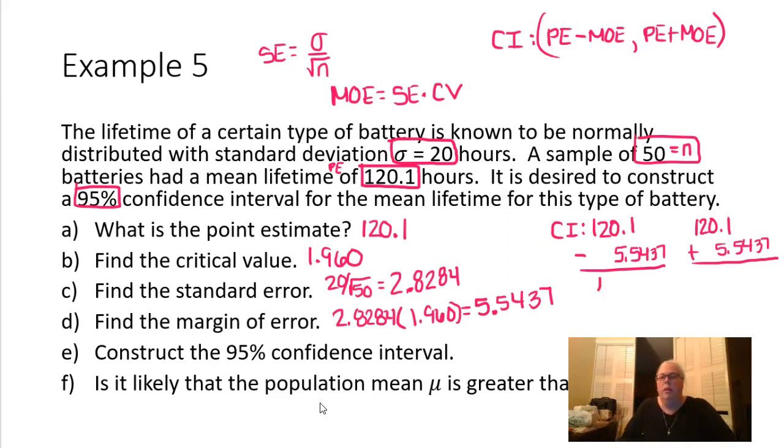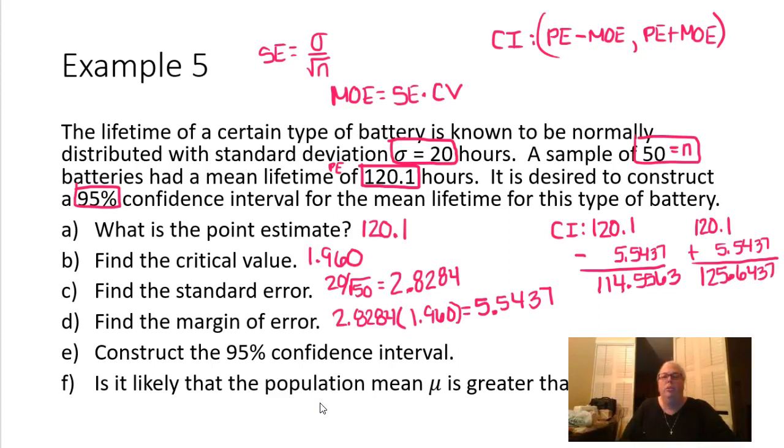This is going to give me 114.5563. And then this one's going to give me 125.6437.